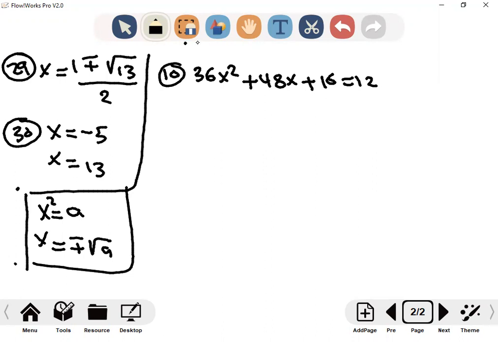So the first step, I will divide all of the equation by 36.